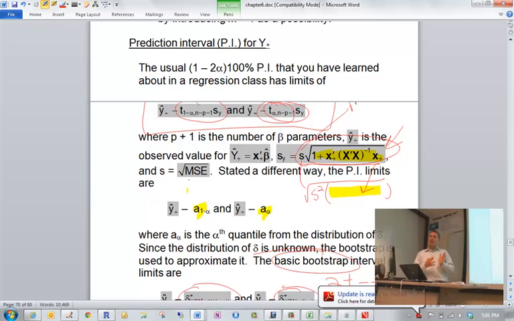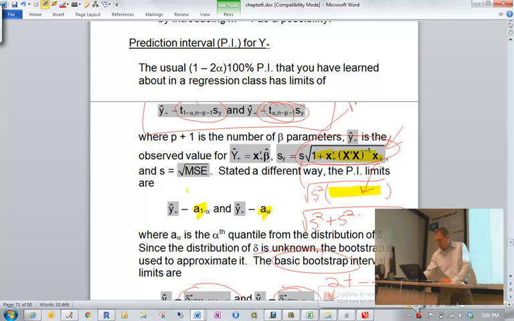It's just not including 1. So what can I do? Well, I can get my s squared. I can write number 1 in there. And take that s squared plus s squared times x plus prime, inverse. That's how I'm going to write my code.